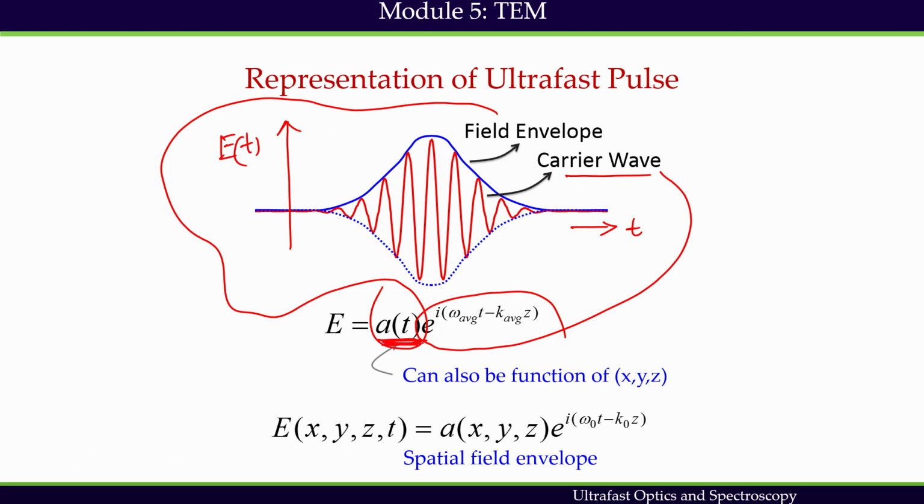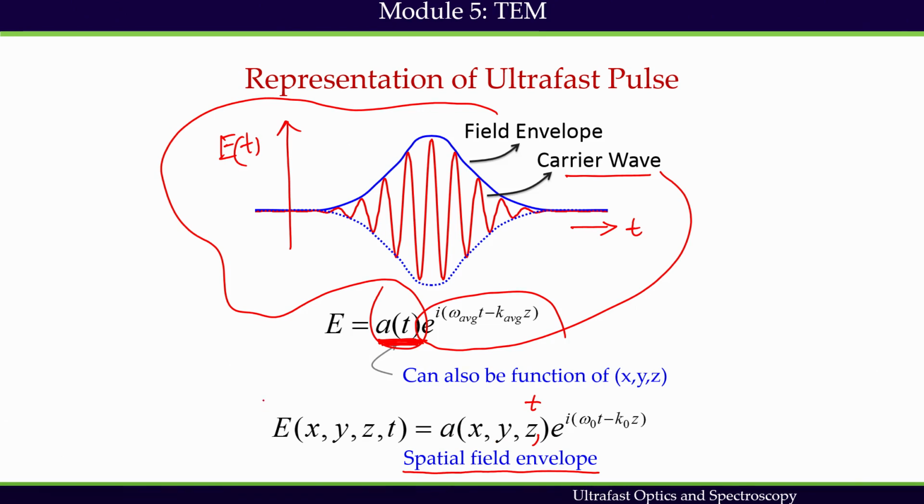But we have to remember that this field envelope can also be a function of spatial coordinate. This is called the spatial field envelope. If we express this envelope function, there should be another variable here, so it depends on time as well as space.